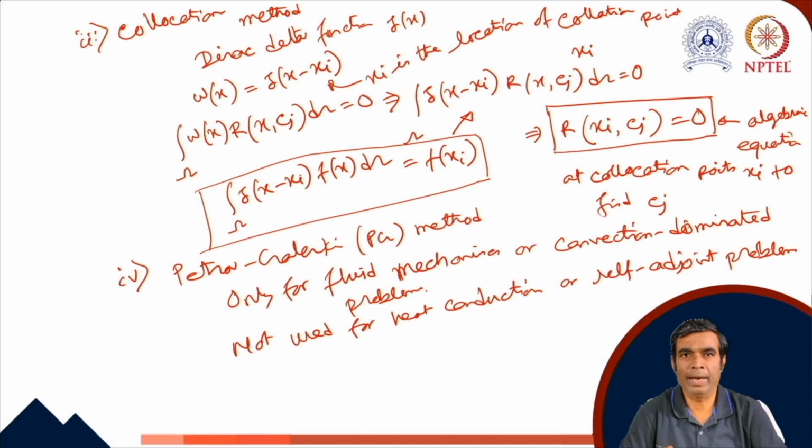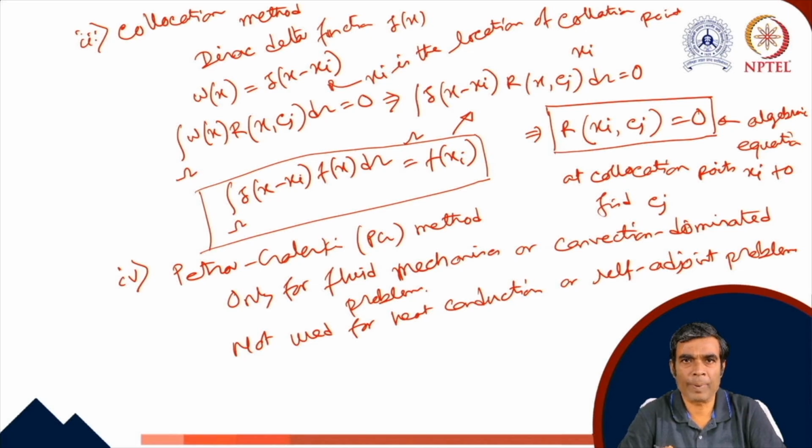In finite difference or finite volume, when we talk about the upwinding scheme, we talk about the Petrov-Galerkin formulation corresponding to the variational method or the finite element method. When we talk about the Galerkin formulation, we don't talk about directional dependence or directional bias, but when we talk about the Petrov-Galerkin formulation, we talk about the directional bias because of the fluid flow.